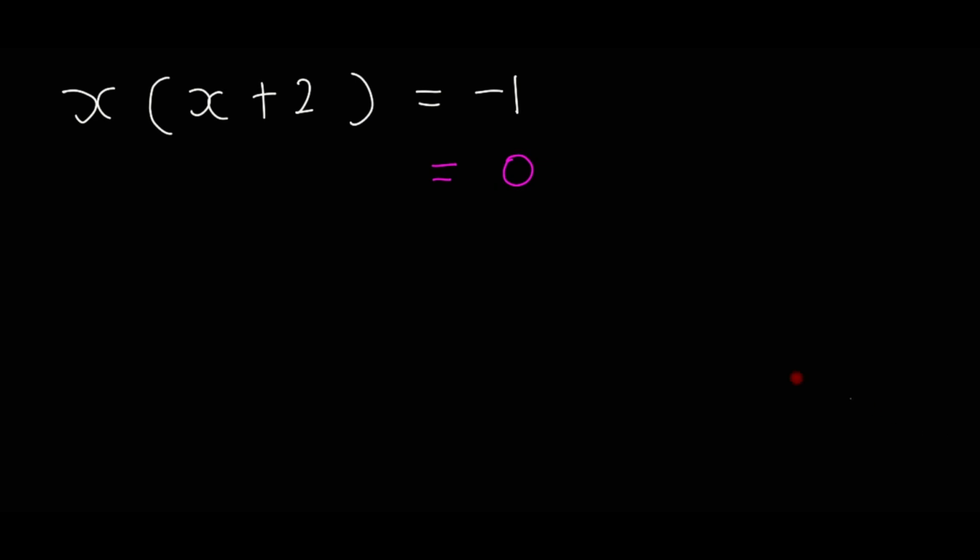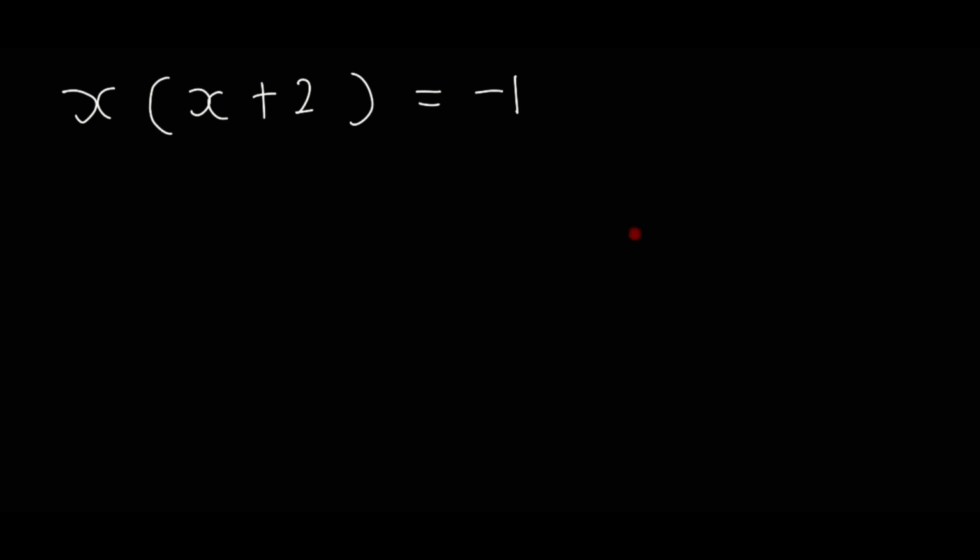If this side is 0, everything is 0, because the equal sign means things are equal. And we know that if this is 0, we expect that either this part or this part is 0, and if this one is 0, then even this one is 0, because 0 times anything is 0. But as for this one, you cannot say x is equal to minus 1.